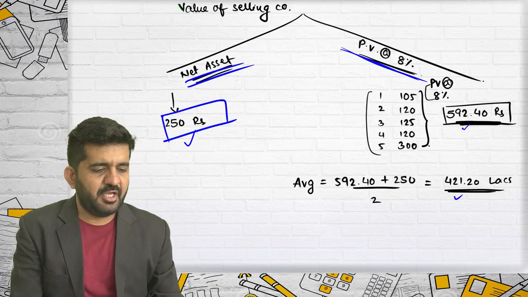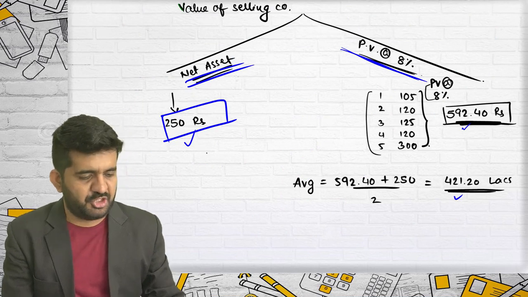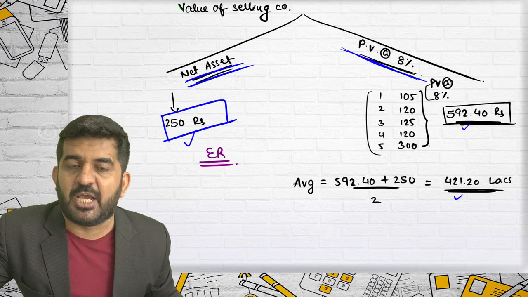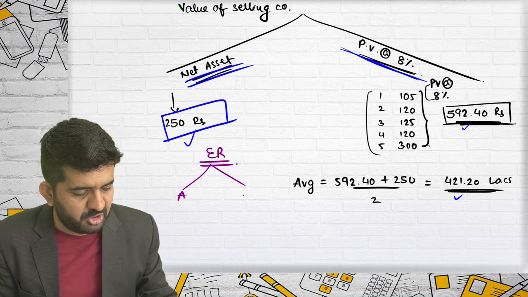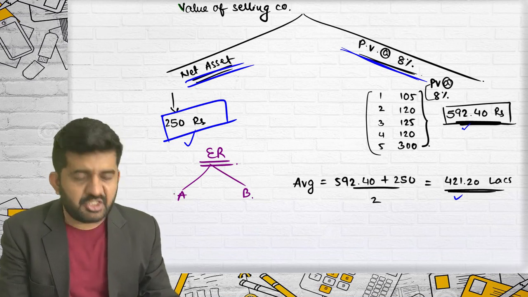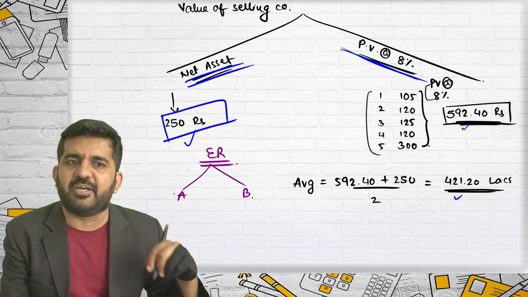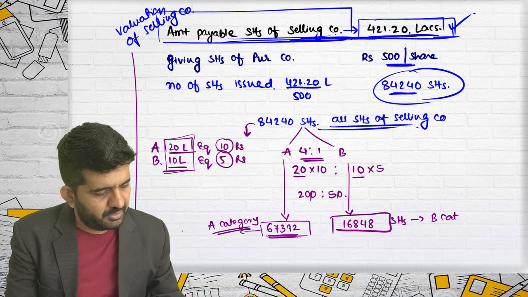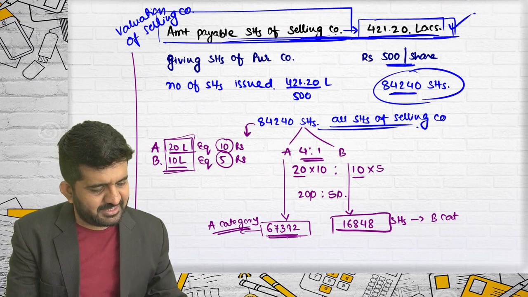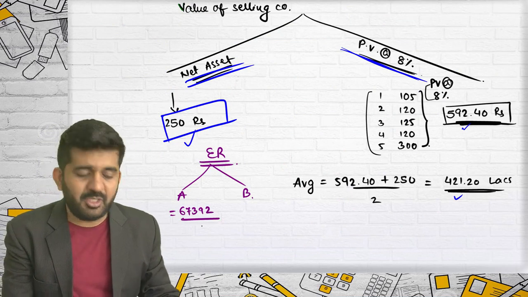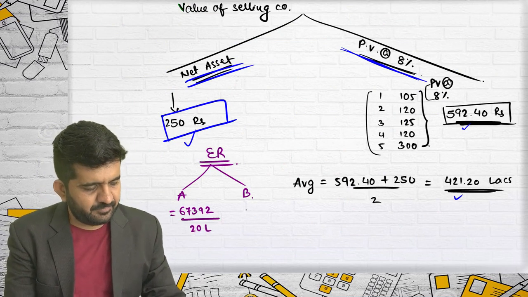But concentrate: if someone tells me to find out the exchange ratio, there are two categories of shareholders, so the exchange ratio for both categories will be different. Exchange ratio is nothing but what you are getting divided by what you are having. What A is getting is 67,392, and what they are having is 20 lakh shares.